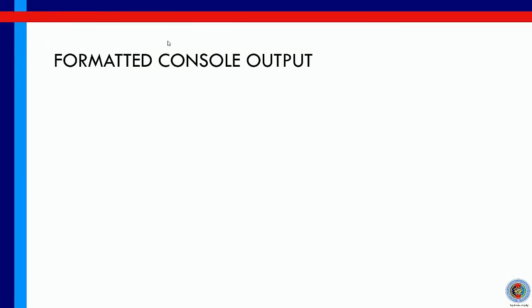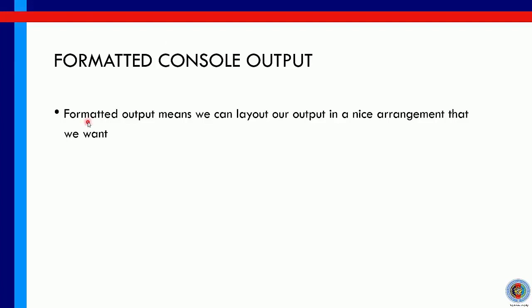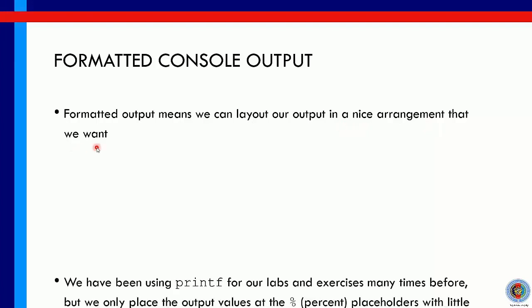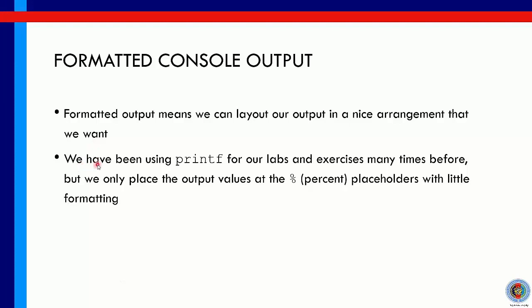Let us begin with formatted console output. Formatted output means we can lay out or arrange our output nicely the way that we want. We have been using printf in our labs and exercises many times already, but so far we only place the output value at the percent as placeholders with little formatting.